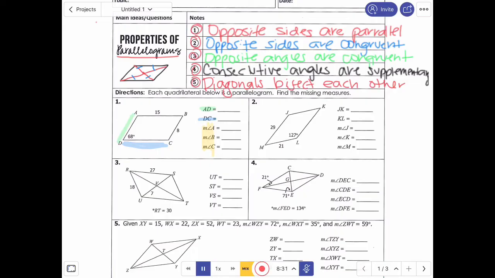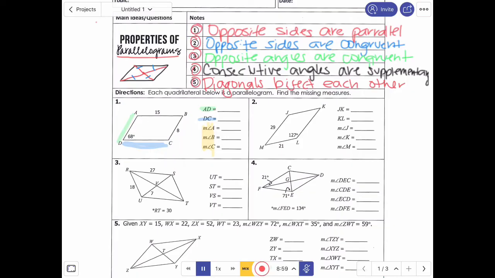So finding the side lengths is probably going to be the easiest part right now because of, let me get my lightsaber, because opposite sides are always congruent. Knowing which side is opposite which is going to make figuring out the side measures pretty easy. So side AD would be opposite side BC.